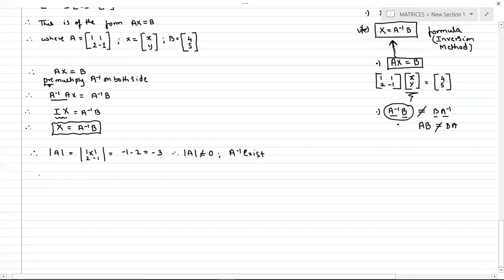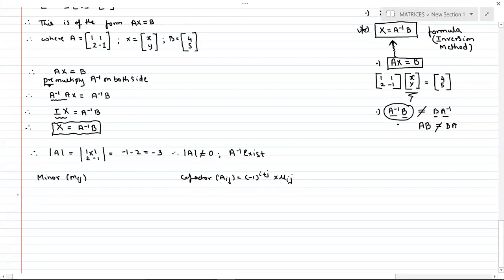So we know exactly how to find the answer. First we'll find the minor Mij, and simultaneously we'll find the cofactor also. The cofactor is Aij. What is the formula for Aij? It is minus 1 to the power i plus j into Mij. The remaining part is very easy, as we already saw it in the adjoint method.